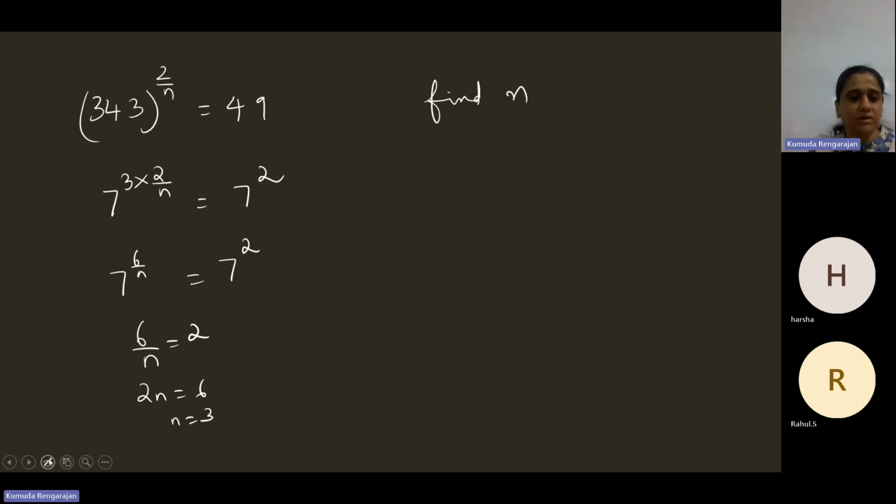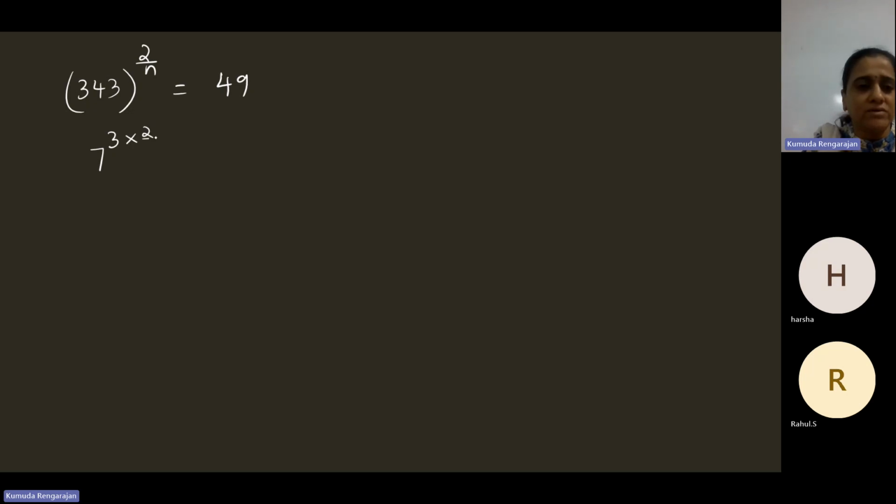Let's go slowly, one minute. I'll do it again. 343 to the power 2 by n is equal to 49. So 343 is 7 into 7 into 7, 7 cubed. And then there's this power 2 by n. So you should multiply the powers. When there are many powers, multiply the powers.